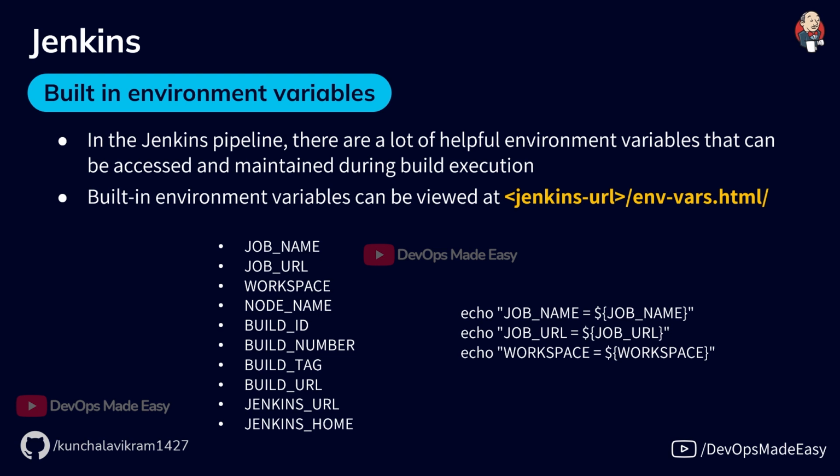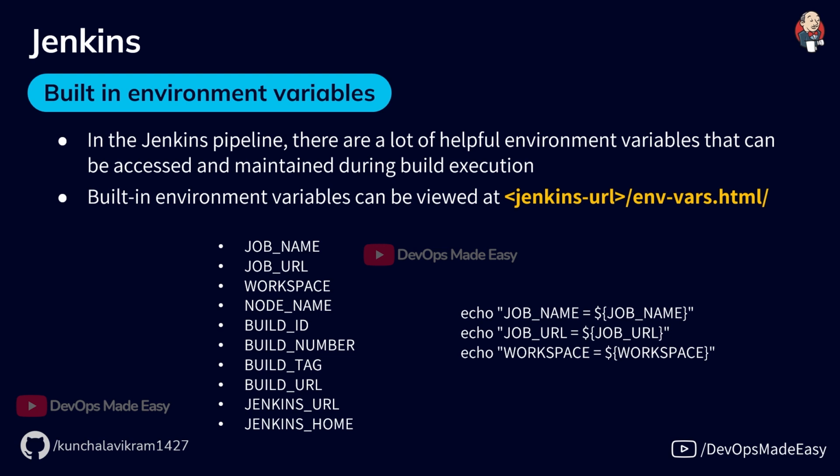Simply by referring to the job URL as the variable name, Jenkins is going to resolve it with the correct location that points to your job, and that will be sent via the email. Let's say you wanted to get the workspace information. We all know that workspaces are created in the Jenkins home, but for this particular job, where exactly is your workspace situated? I can simply read this workspace environment variable, which gives the exact location of your workspace for this particular job.